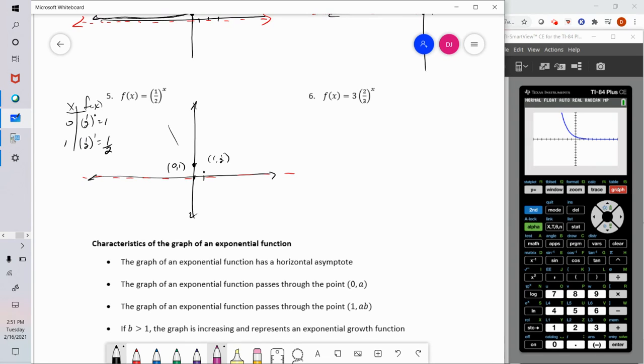And then our function is going to come down like this. And there's a decent sketch of the graph. And notice, because I know it's an exponential function, I understand what the curve is going to look like. I can get away with labeling or identifying only 2 points before I go ahead and sketch the curve.